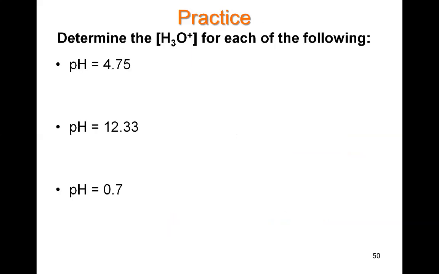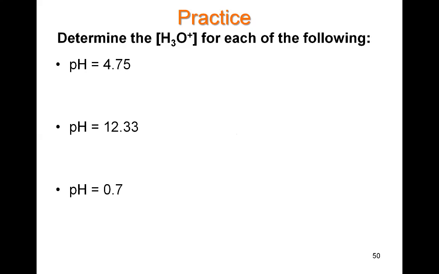Some more practice. That's practice problem 14 in your list of practice problems. Determine the concentration of H3O+ for each of the following: pH 4.75, pH 12.33, and pH 0.7. Again, you can pause before you hear the answer.